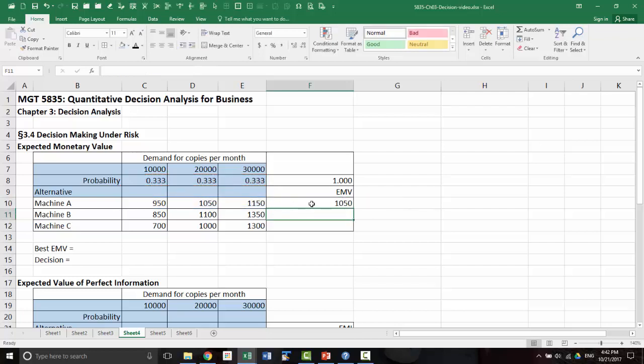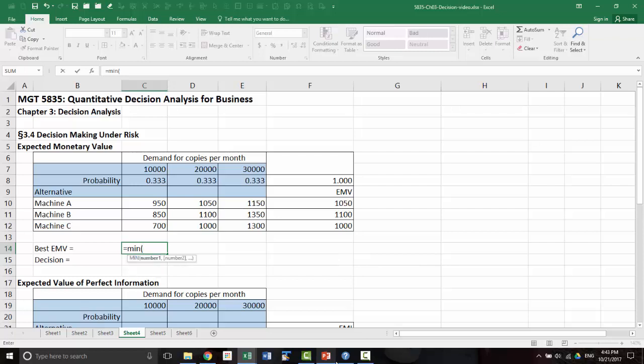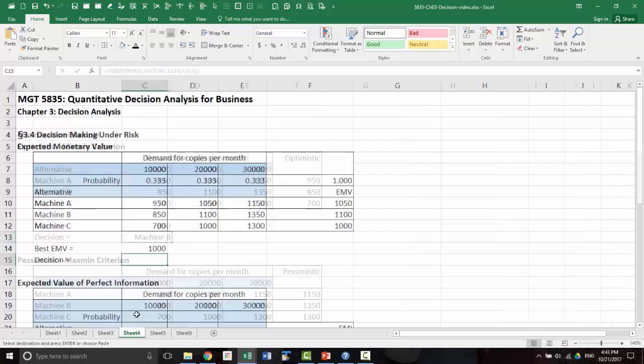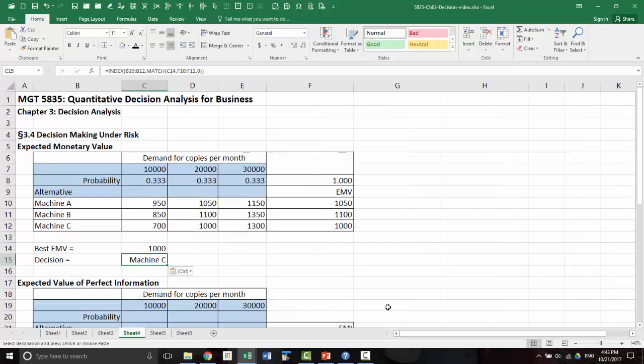So that's what we want for expected monetary value. So copy that. The best EMV is the minimum of those. Okay. Now the decision is machine C.